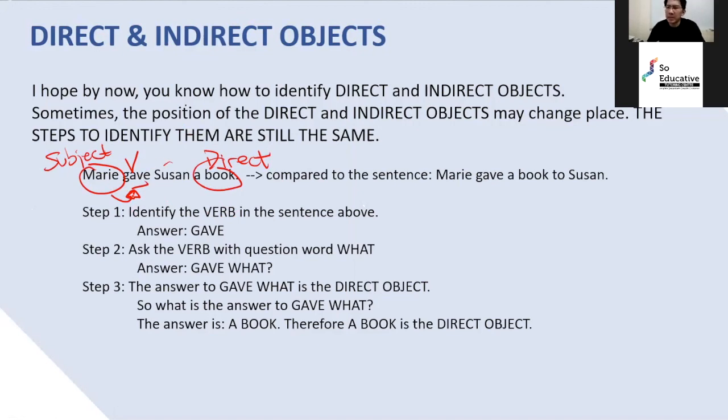Marie is the person who is doing the action. Therefore, Marie is the subject. So the only one left now is Susan. So if a book is a direct object, Susan is indirect. As simple as that.